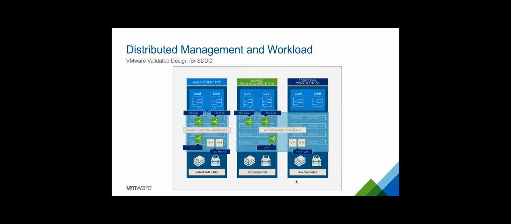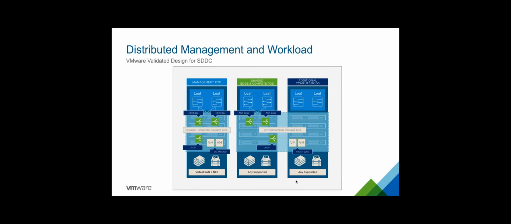And you can see it represented here with the concept of the distributed logical routing. As you'll see here, we'll talk more in detail later. You'll see that in the management pod, we are actually using NSX. We use it quite extensively in the management pod itself.